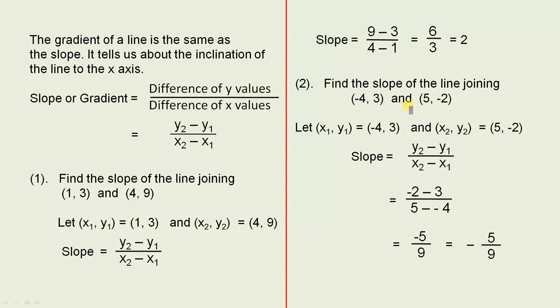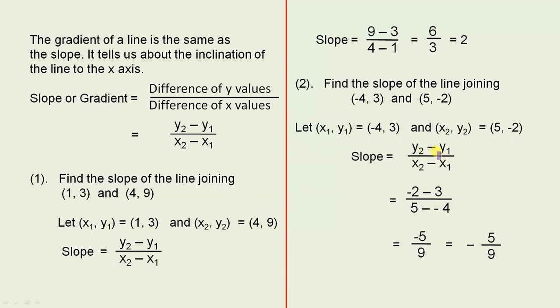Let's look at the second example. Find the slope of the line joining minus 4, 3 and 5, minus 2. If we let x1, y1 be minus 4, 3 and x2, y2 be 5, minus 2, again we substitute into the given formula.